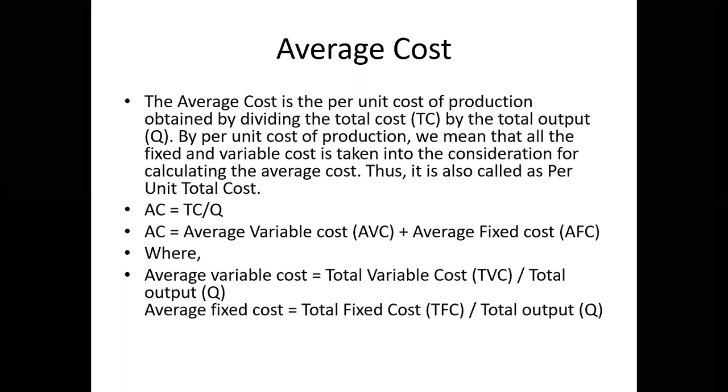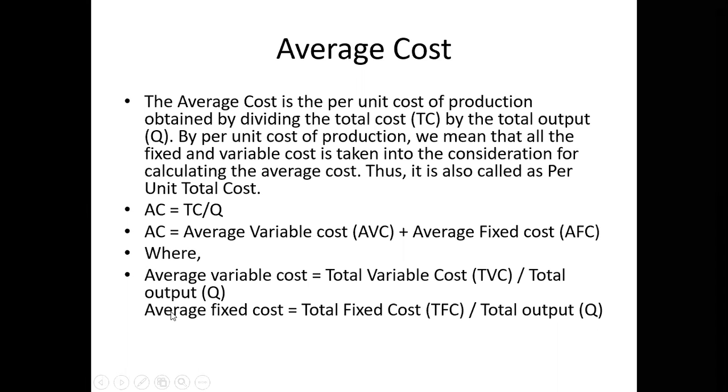Good. So when you add up the variable cost and the fixed cost, you have the term average here also. Average means total divided by per unit. So average variable cost plus average fixed cost, if you add it up, then you will get the total average cost. The formulas are also given for how we calculate these.